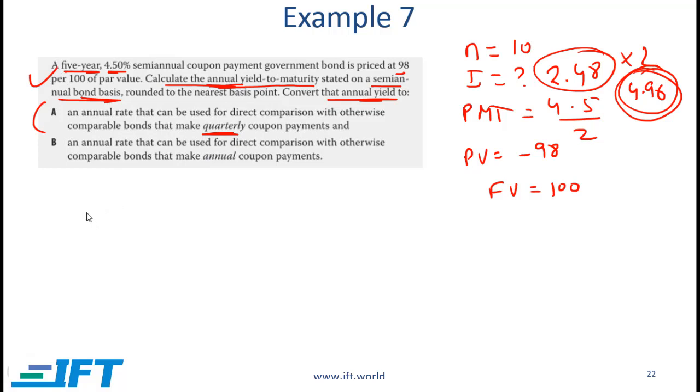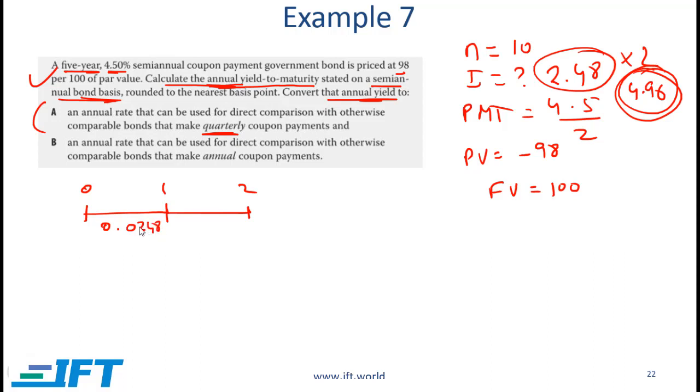What we have said is that for every year, the year can be broken into 2 parts, and the yield for each period, so we have 0, 1, 2 periods per year, the yield for each period is 2.48%, or in decimal terms it would be 0.0248.